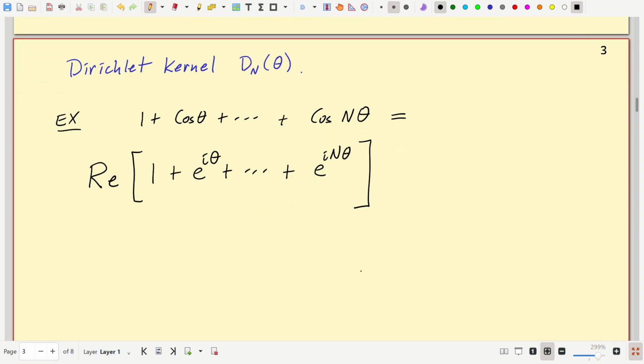And this is a geometric series in disguise. This is 1 plus e to the i theta. e to the i 2 theta would be e to the i theta squared. And e to the i n theta is e to the i theta to the n. That's the de Moivre formula.